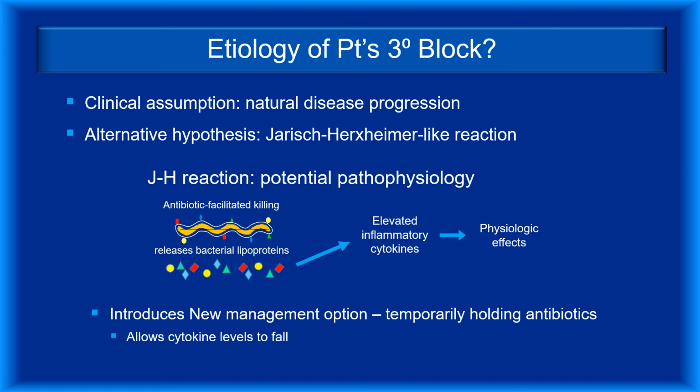The advantage of this approach is that it avoids the long-term risks associated with corticosteroids. The disadvantage is that it temporarily delays antibiotic-assisted eradication of the infection and might allow for disease progression that may not have occurred had antibiotic therapy been continuous.